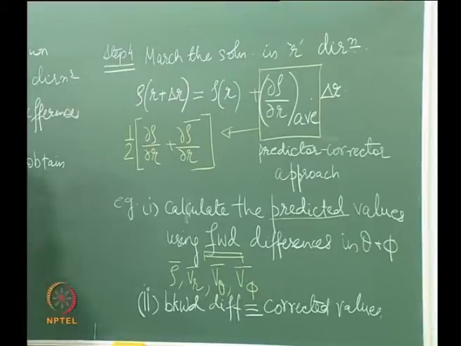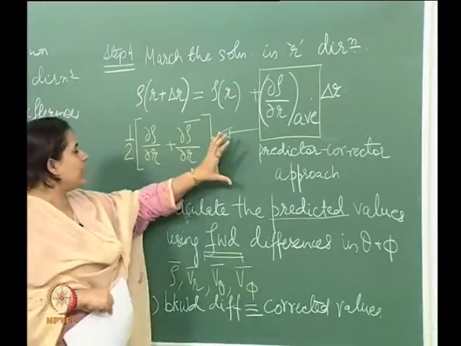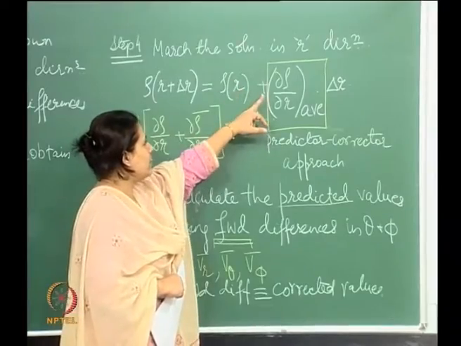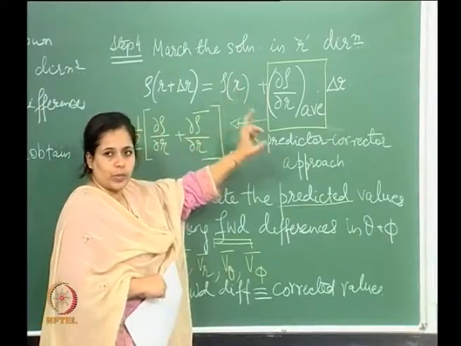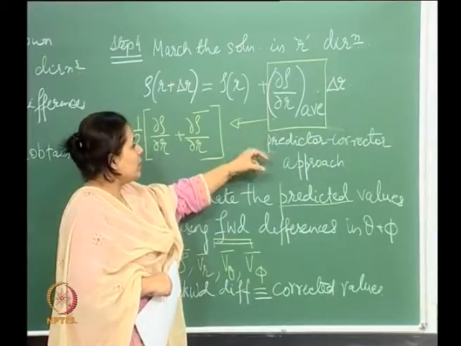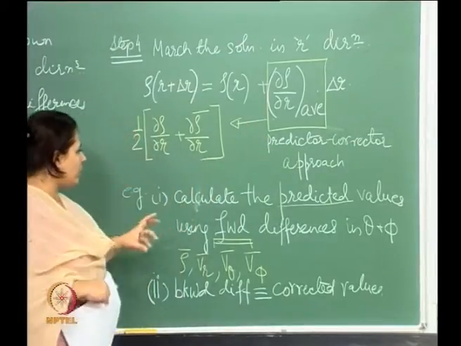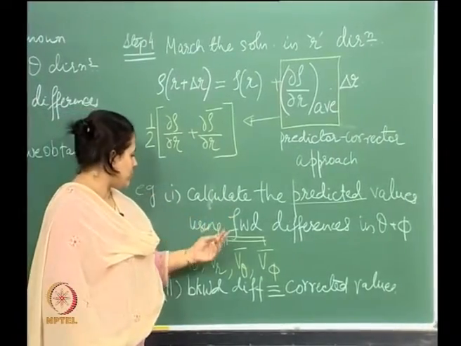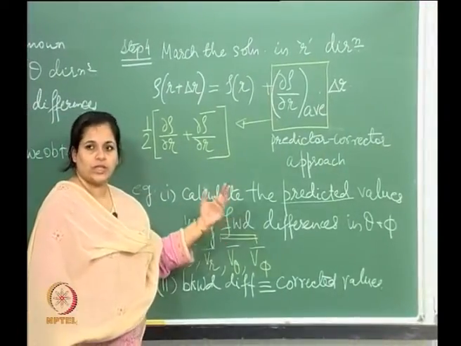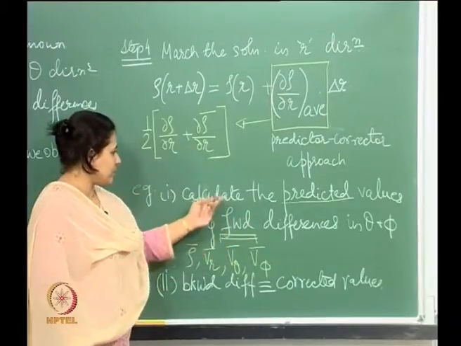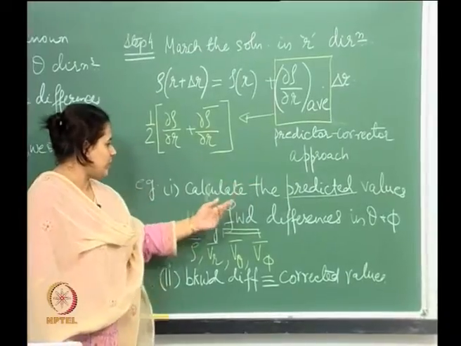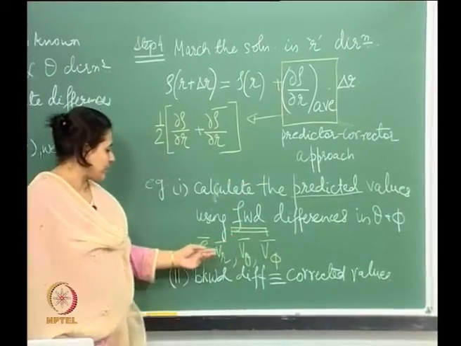So again, let us just dwell on this a little more. We need to calculate the rate of change of this property as an average, using a predictor corrector approach. So what we do here is we use a forward difference to predict the values, forward differences in theta and phi, and we calculate the predicted values. Let us call that this.